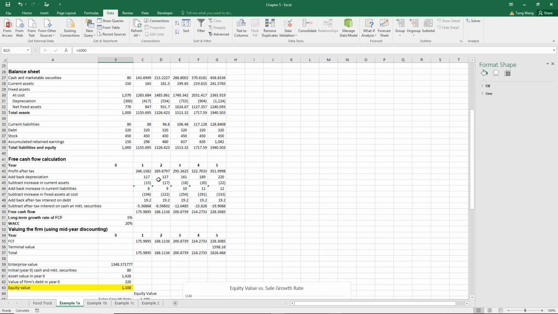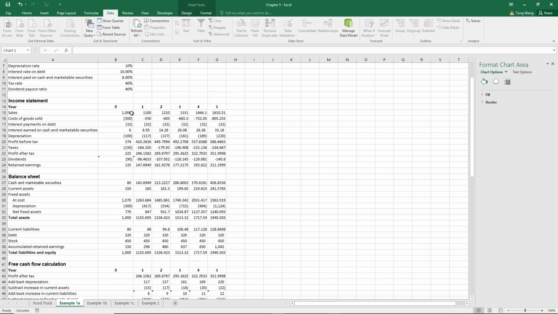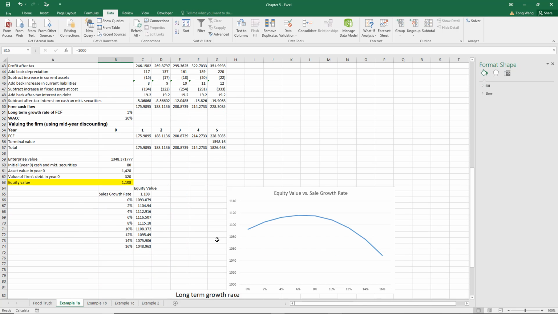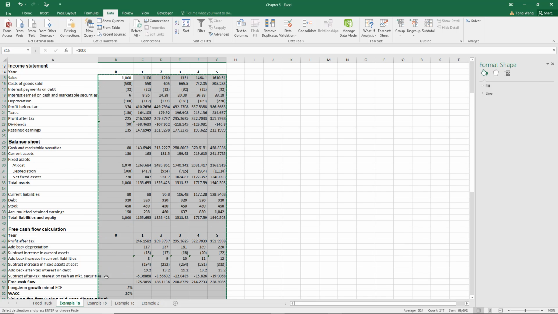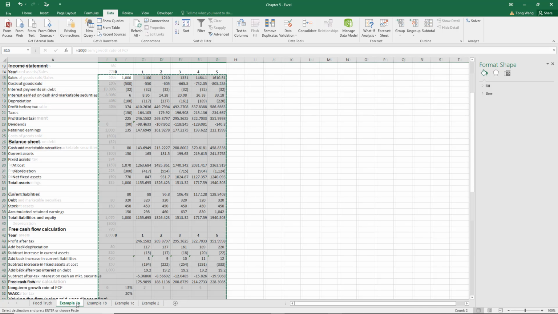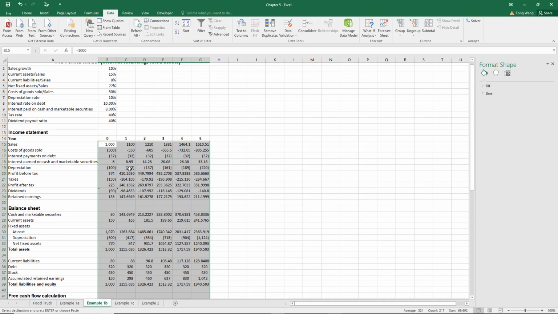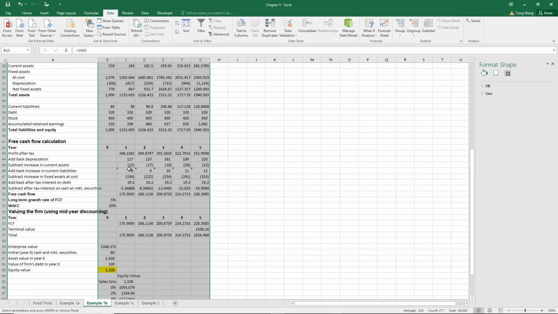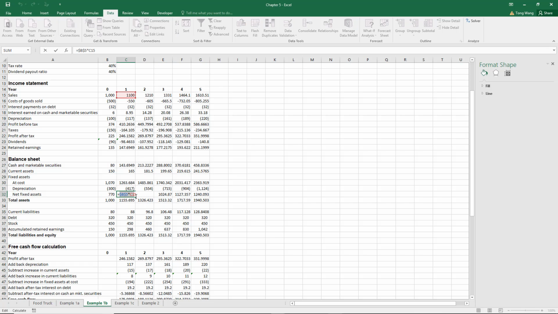So I'm going to copy the results we already have into the next spreadsheet. Okay. And to make that change, I'm going to assume that the net fixed asset does not grow with sales.